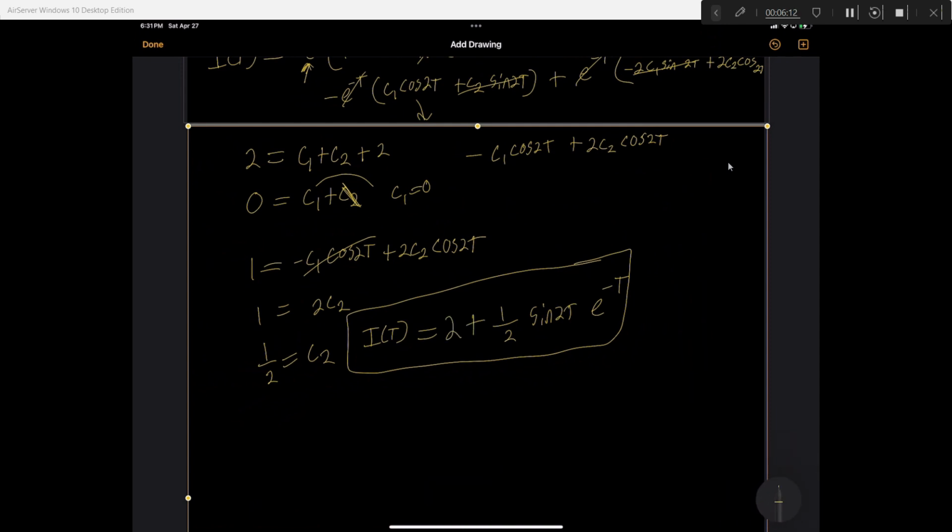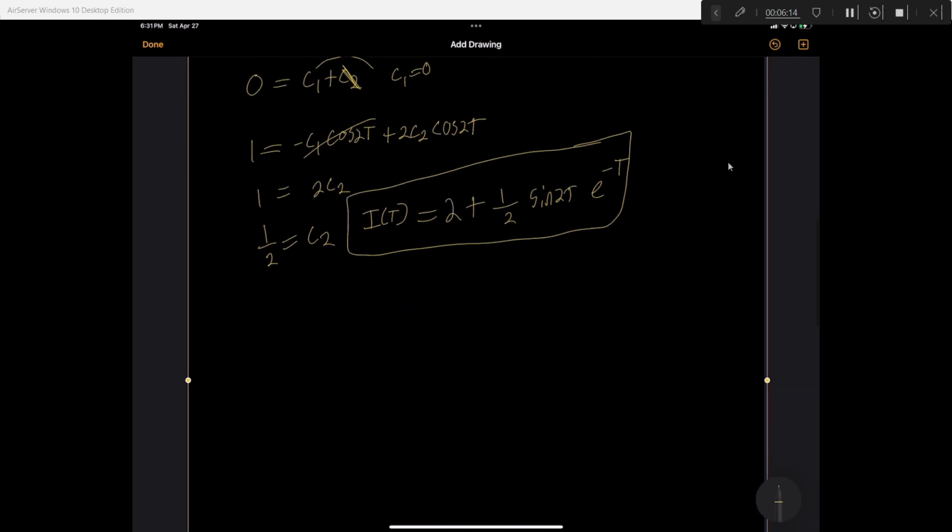The formula is going to be I final plus whatever your C1 plus C2, your general solution, right?